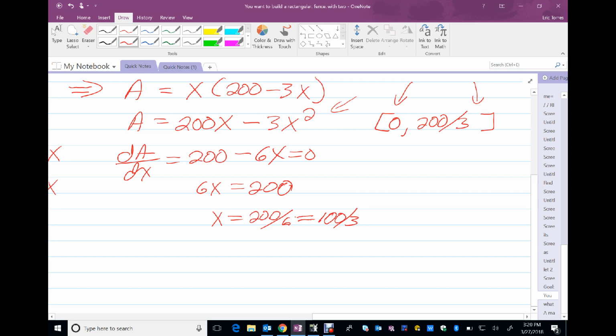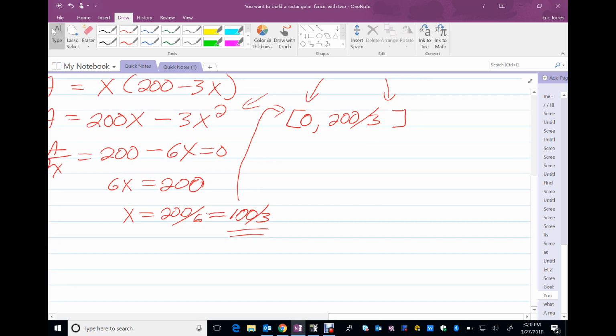Okay, so is this critical number between these two numbers? And the answer is yes. So either using 0 feet of fence for x will give me the largest area, or 200 over 3 feet of fence for x will give me the largest area, or my critical number, 100 over 3, will give me the largest area.